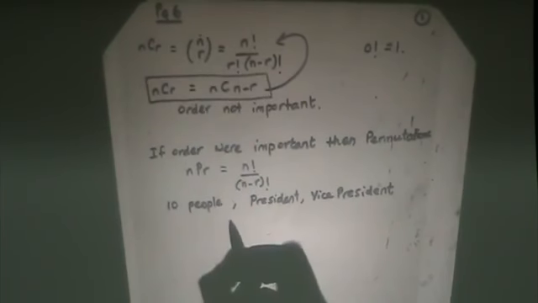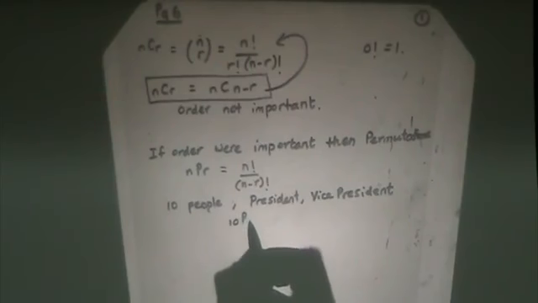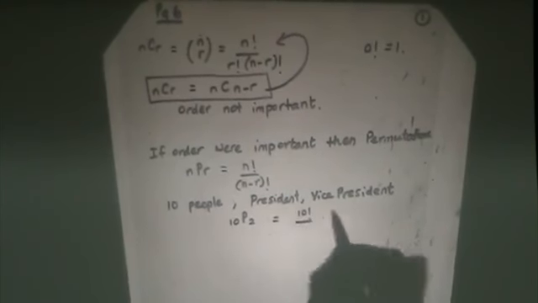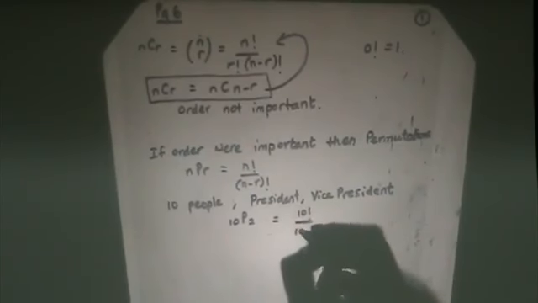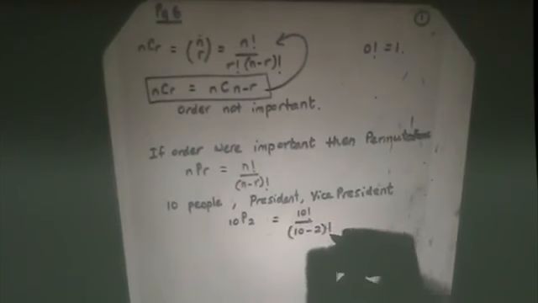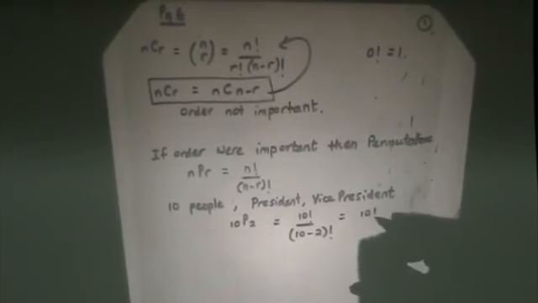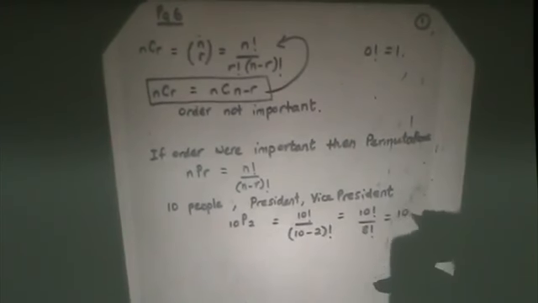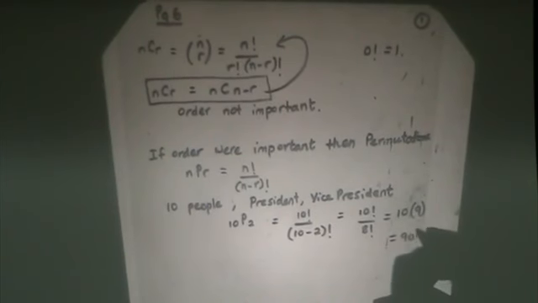This would be 10P2, which is 10 factorial over 10 minus 2 factorial, or 10 factorial over 8 factorial, which is just 10 times 9, which is 90.